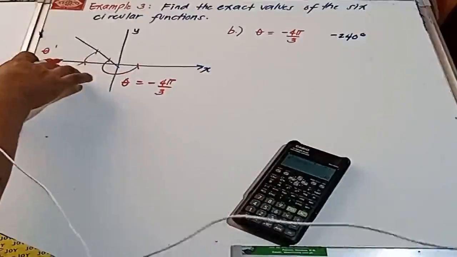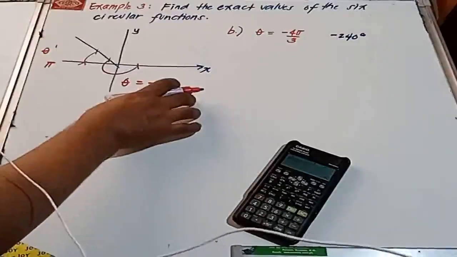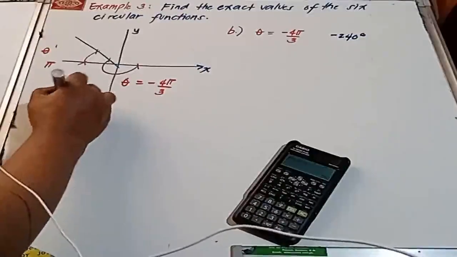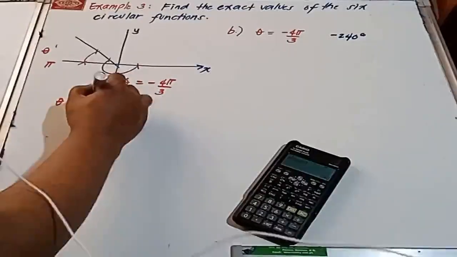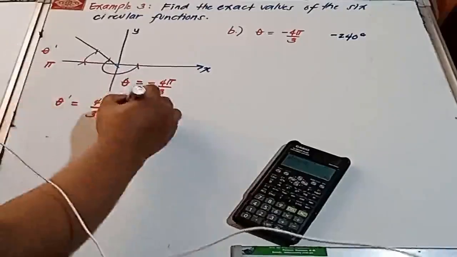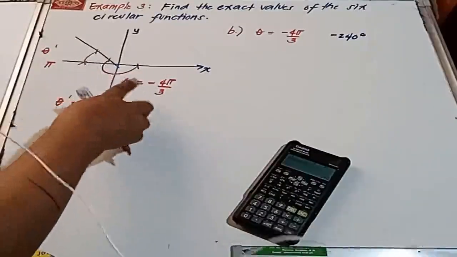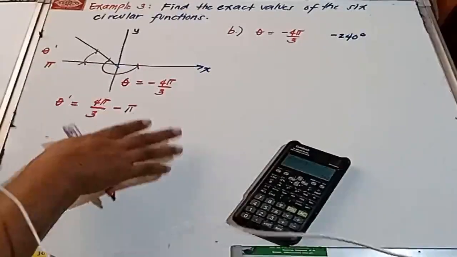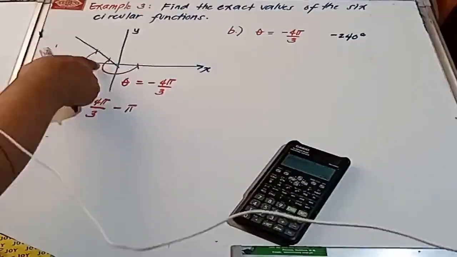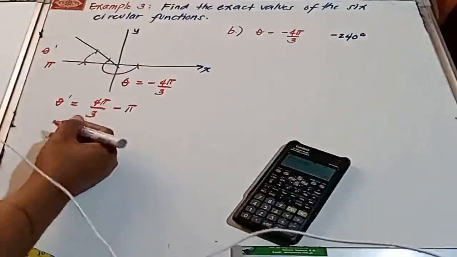So, para makuha yon, we're just going to subtract theta by pi. Okay? So, therefore, the reference angle is 4 pi over 3 minus pi. No? Kasi, yung mga negative sometimes hindi ginagamit kasi ito naman ang kailangan natin. So, this is 4 pi over 3. You subtracted it by pi. So, makukuha mo ito.